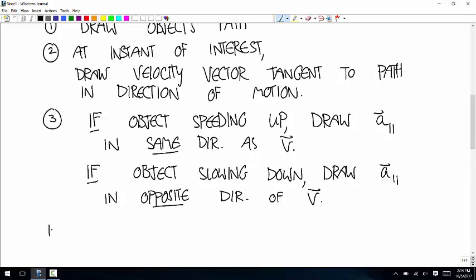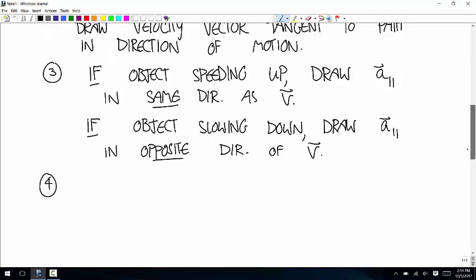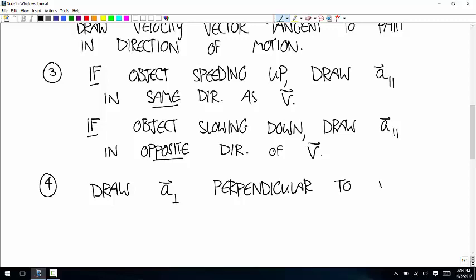So now we're going to draw, I'll call it A perpendicular, and draw it perpendicular to the velocity vector in the direction the object is turning.